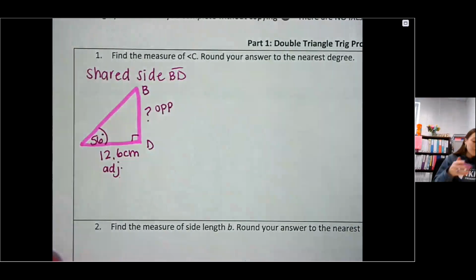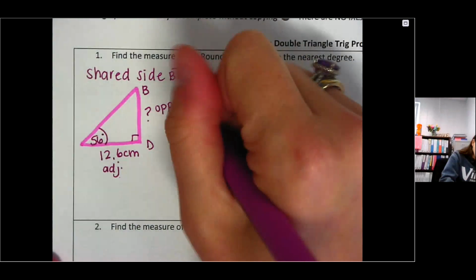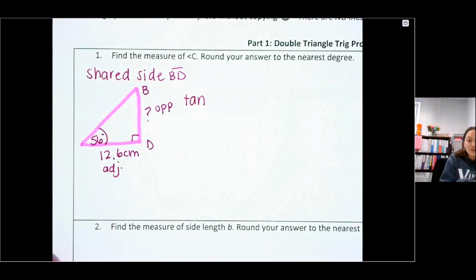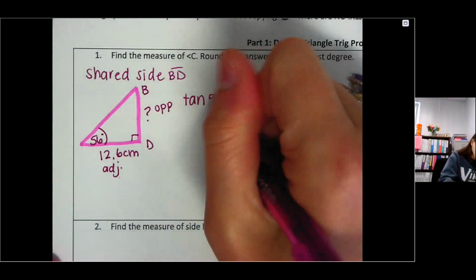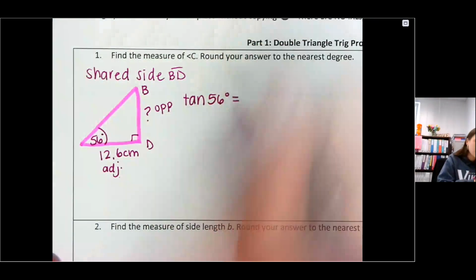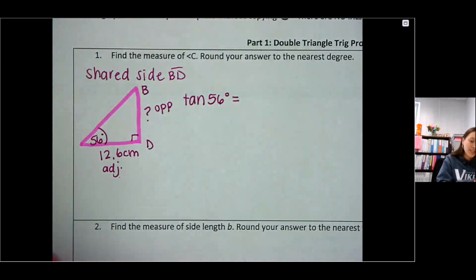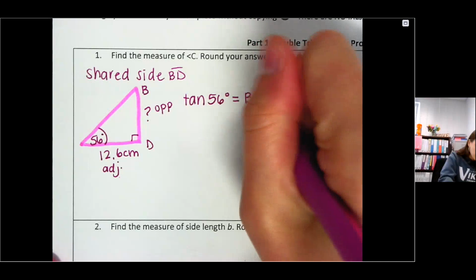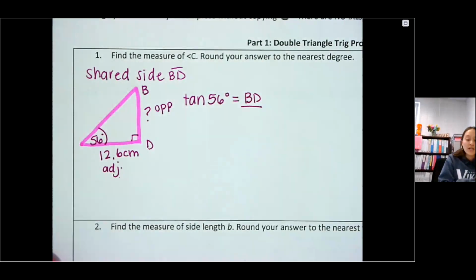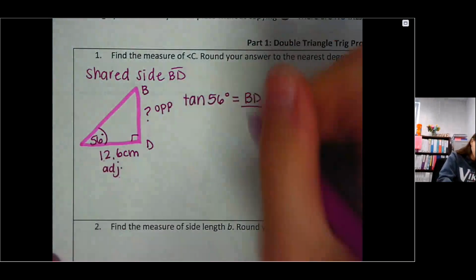So my setup for this is tan of my reference angle, and my reference angle is 56 degrees. So tan 56 equals opposite over adjacent. So opposite, I don't know. You can put an X there if you want. I'm just going to leave it as BD for that side. Over adjacent is 12.6.